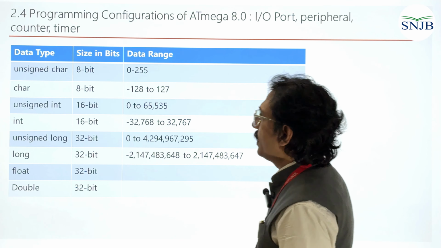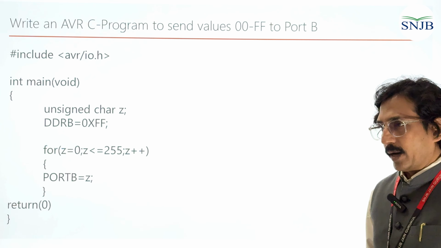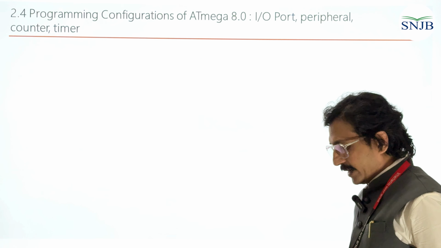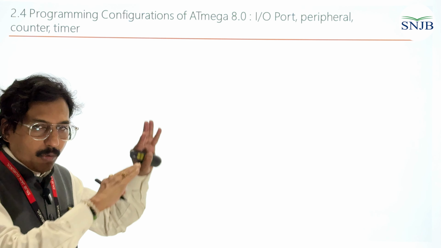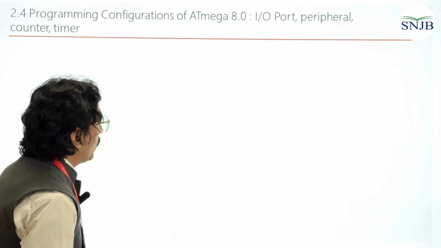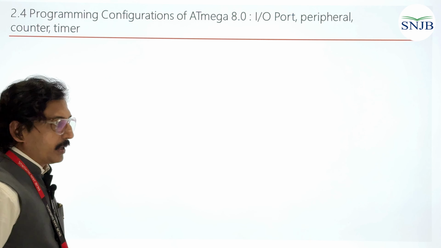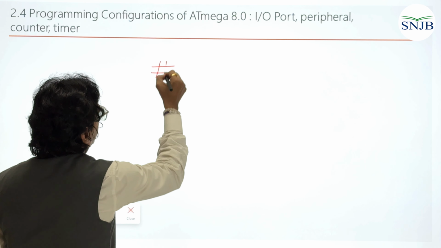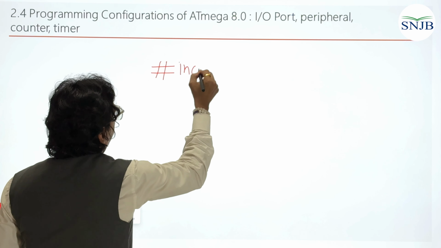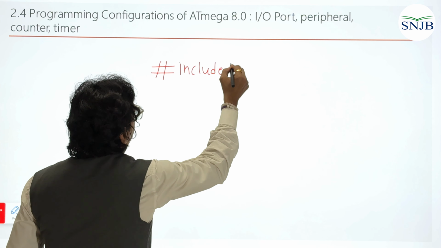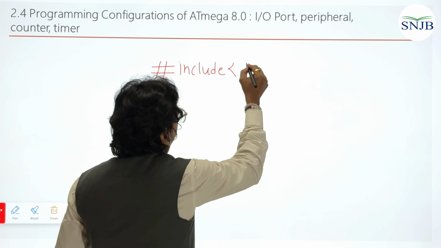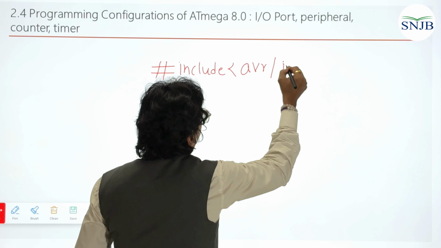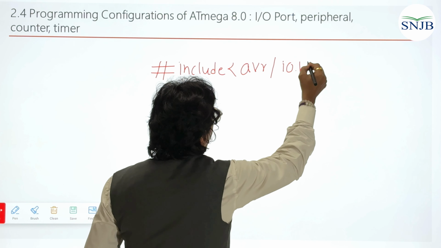Now we can move on to the simple programs. Any program which you write, the structure of that program is simple. Any program starts with this statement: hash include avr/io.h.